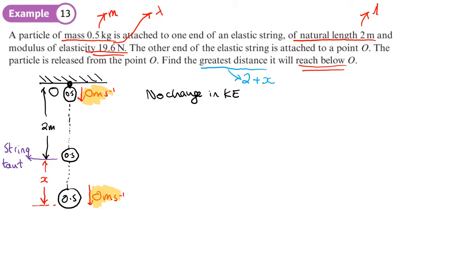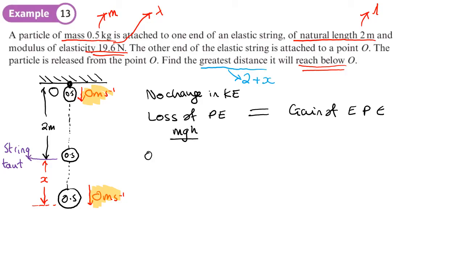But there will be a loss of potential energy because it's dropping down. But there will be a gain of elastic potential energy, and because there are no other losses, they will be equal to each other.